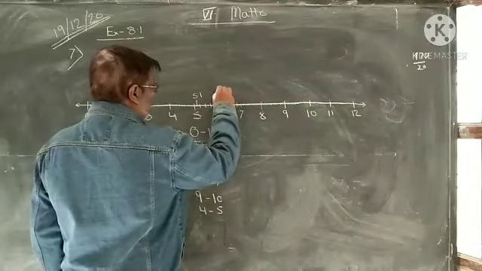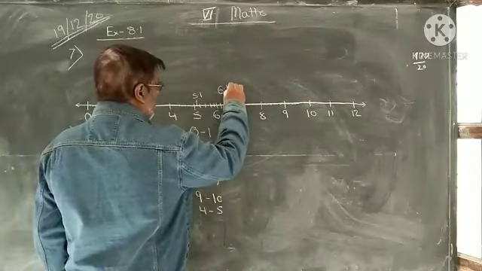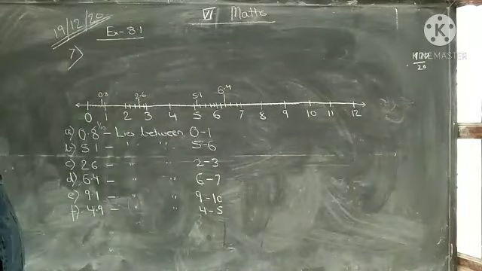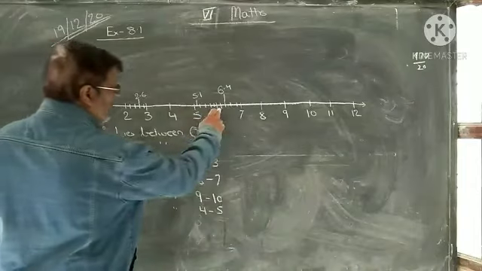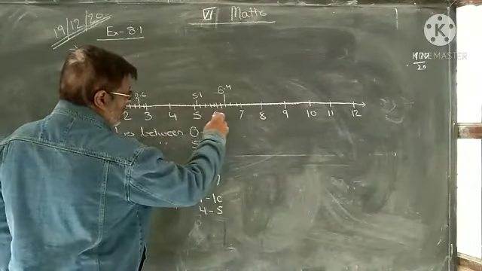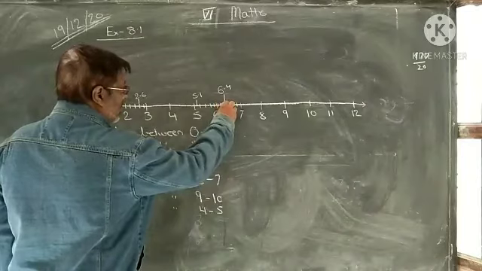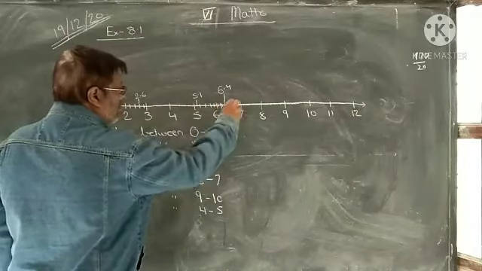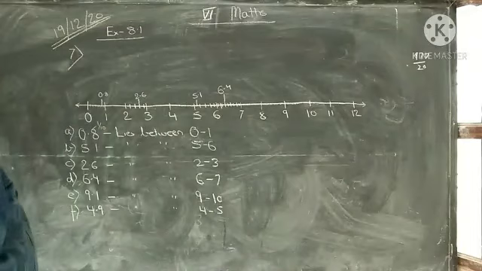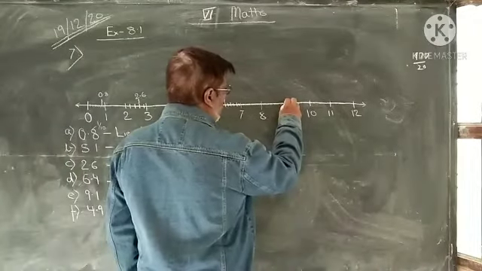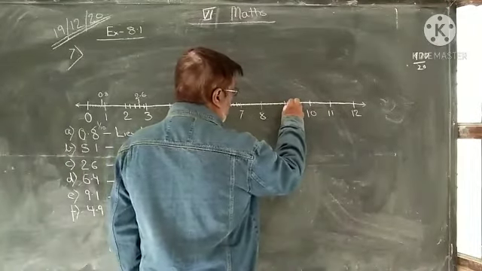Let's take this and mark as 6.4. We are dividing the line in 5 parts over here, or if you want, you can divide it into 10 parts, and where the exact position is, you need to mark the line over there. Now this one I'm dividing into 10 parts.